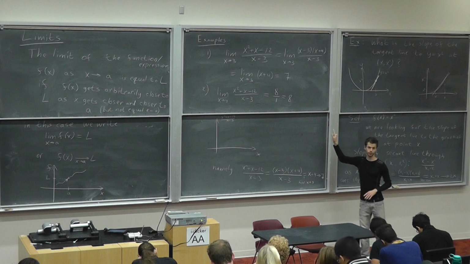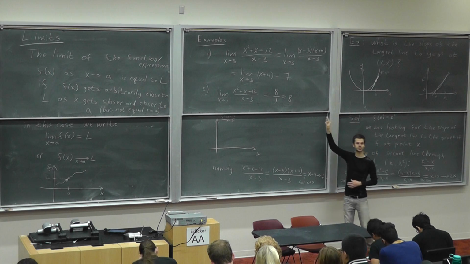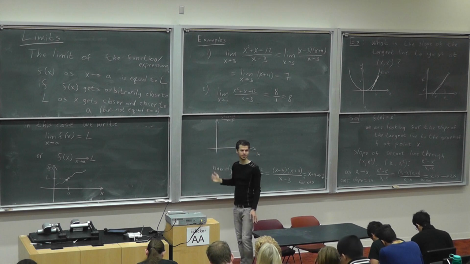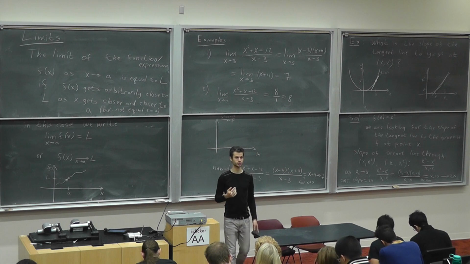It's not part of the limit computation. We are already done with the limit computations. I just want to ask, theoretically, what did we do? So what is this function? How does it look?